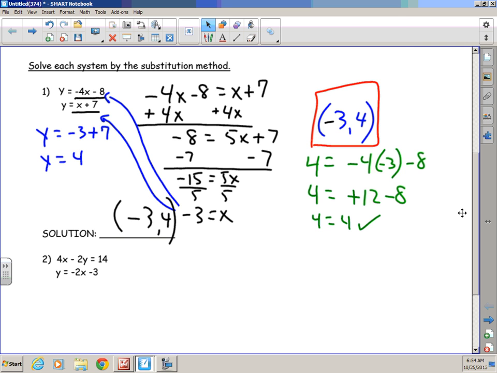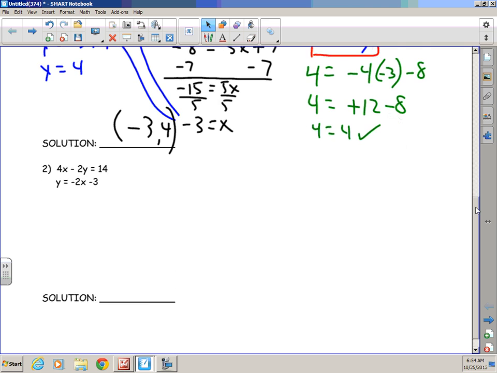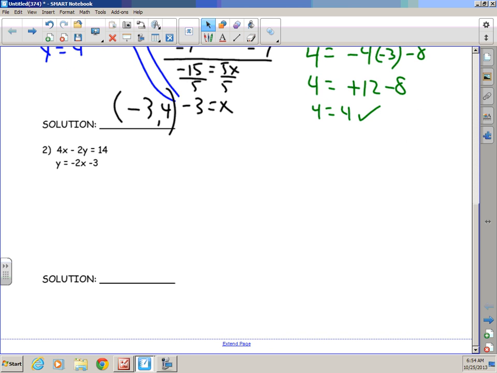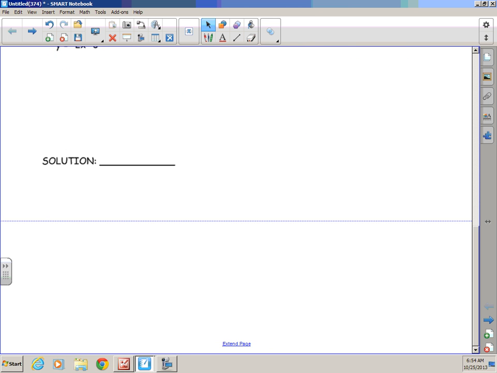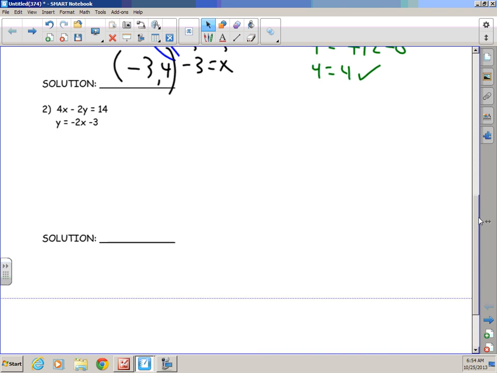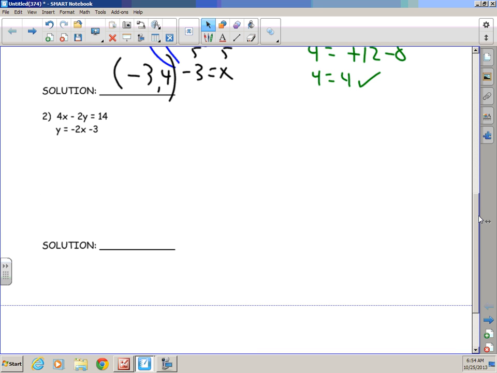Okay? Now let's do the second one. It's a little different, and I'm just going to extend this to give me a little bit of room. It's a little different in that both of them aren't y equals, but one of them is. So what I can do is take this statement, which is what y is, and substitute it in for y there.